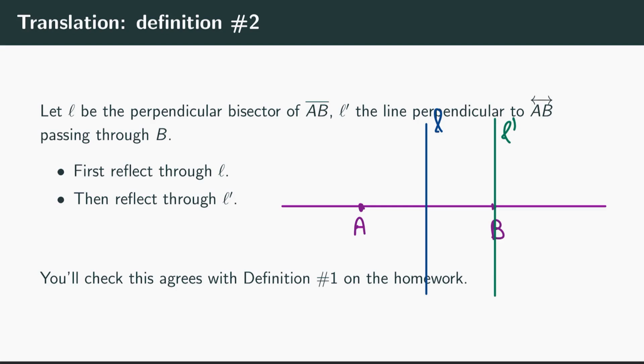For instance, if I start here with a point P, I reflect it through L. That gives me a point, let me call it Q. Now we reflect Q through L prime, and we get something like so.